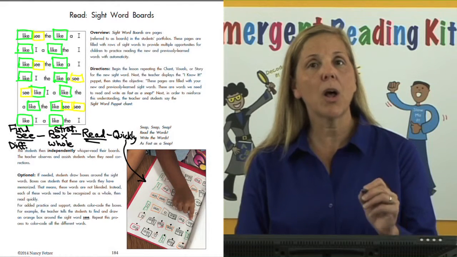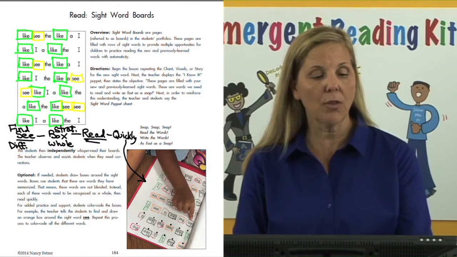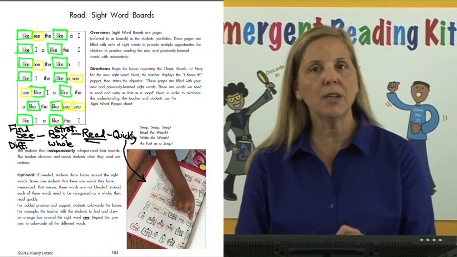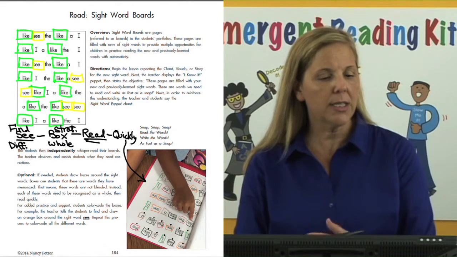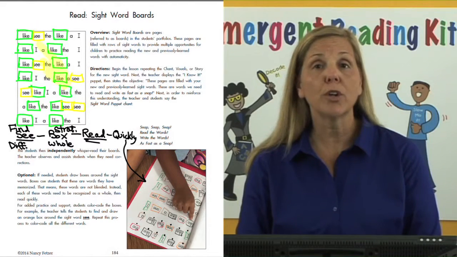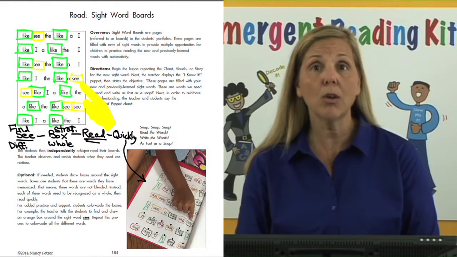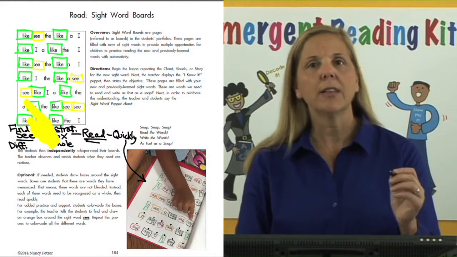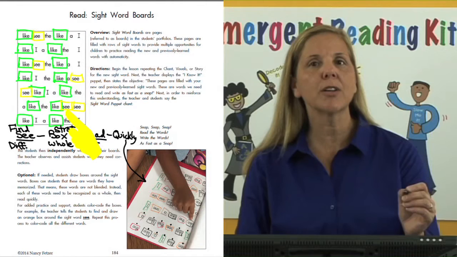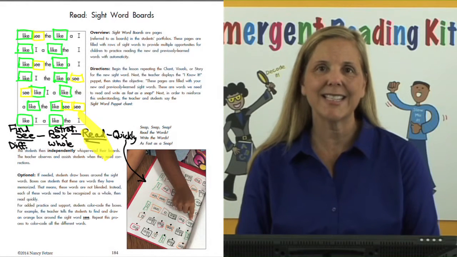After they find, box, and read all the "likes" on the page, then they will grab a different color crayon, and I may say, box all the words that say "see" with a yellow crayon. And they would go back, they would identify, box, and read all the words that say "see."